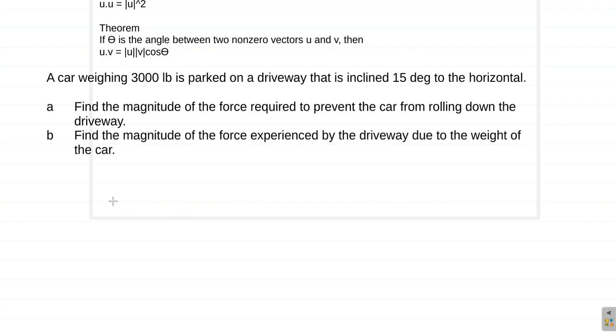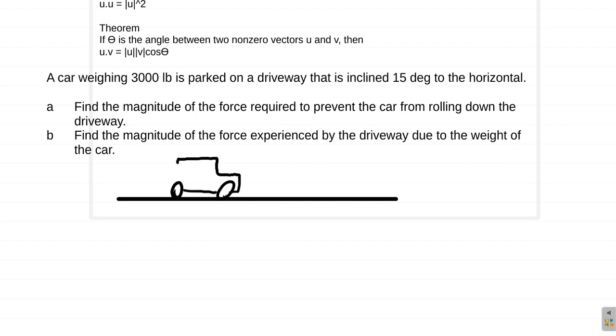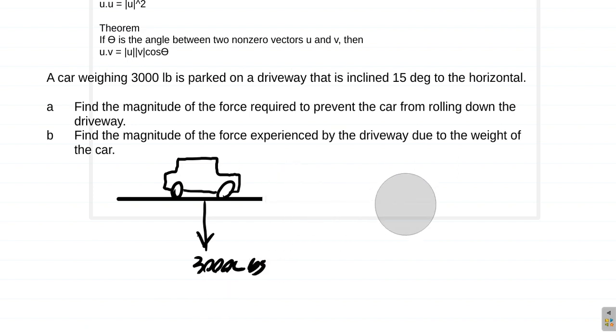Let us say we have our car, and this is my car. Alright, 3,000 pounds. Straight down. Good. But what if that happens? It is tilted at 15 degrees now. So my car again.